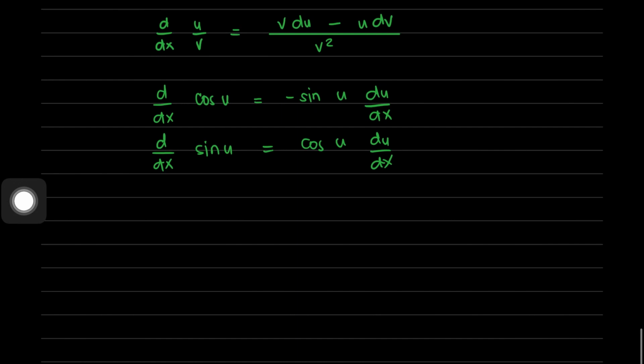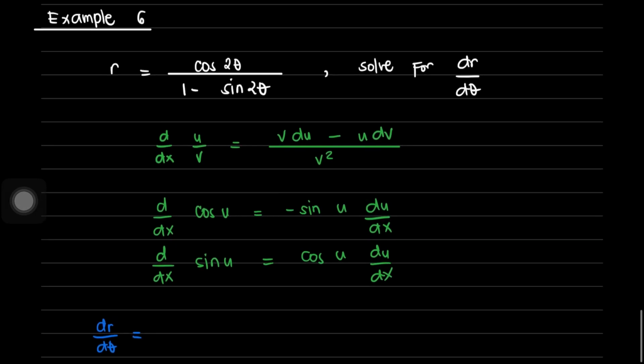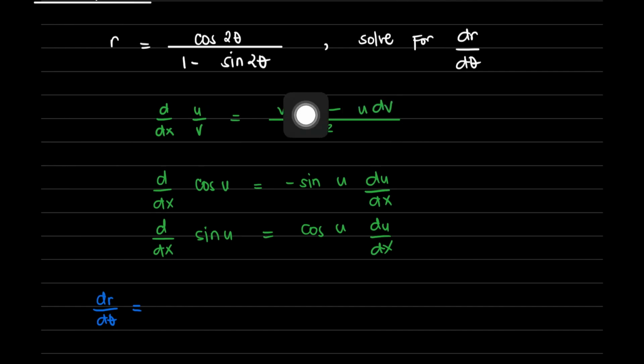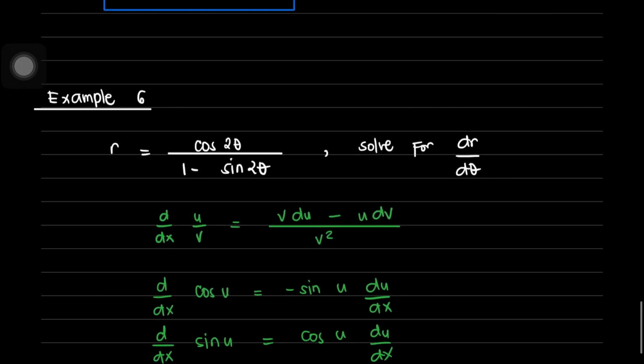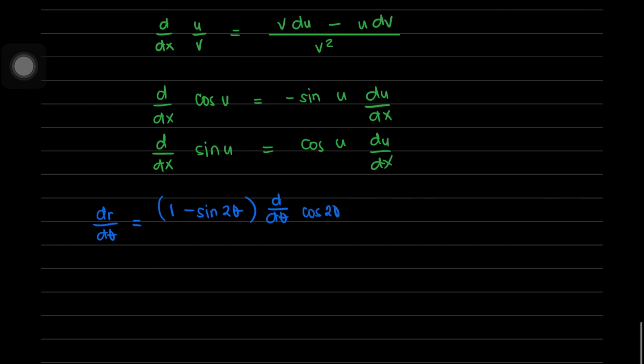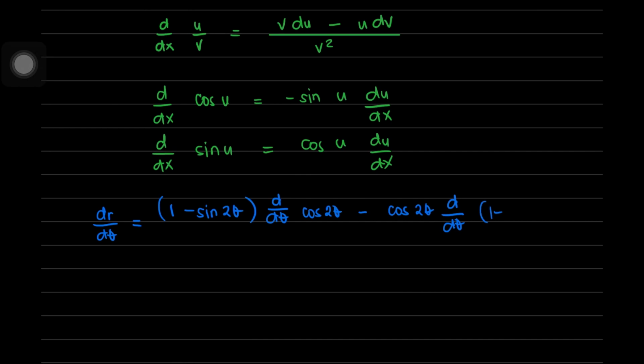Alright, so solving for dr over d theta, that is now equal to, using this formula in here, our v is 1 minus sine 2 theta, so that would now be 1 minus sine 2 theta multiplied by the derivative with respect to theta of cosine of 2 theta, minus cosine of 2 theta multiplied by the derivative with respect to theta of 1 minus sine 2 theta, all over 1 minus sine 2 theta quantity squared.